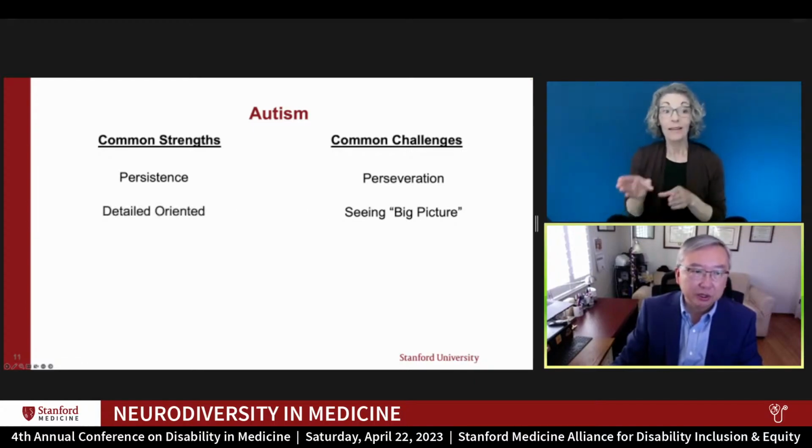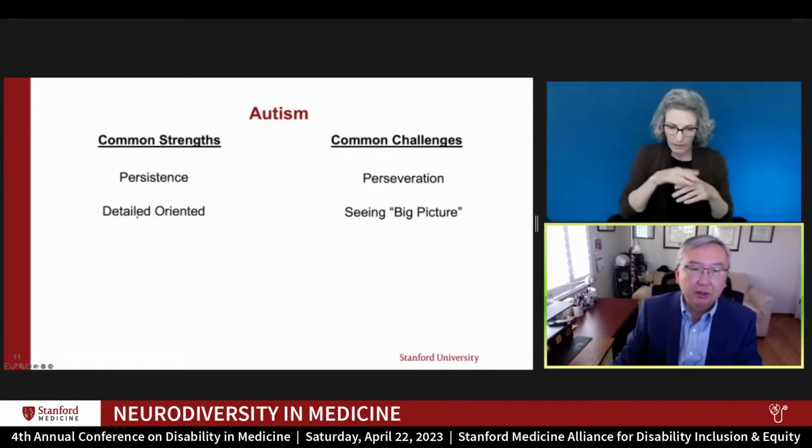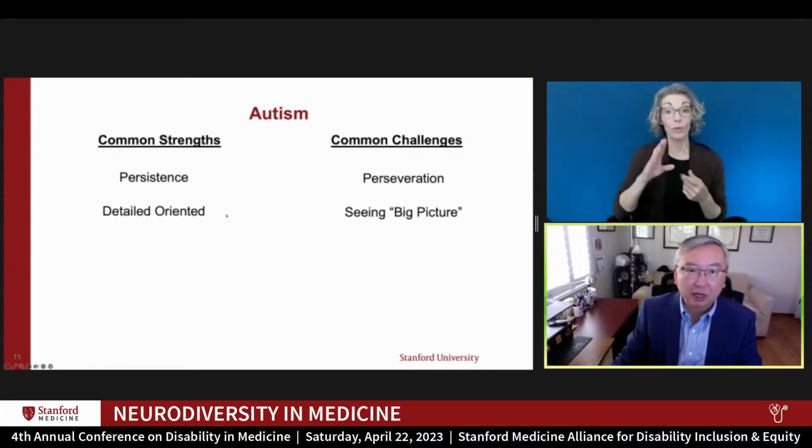They tend to be drawn to details. If you are wanting someone to be solving a problem that requires details, then you may actually want a person that has this profile. So the autistic characteristic of being very detail-oriented will become a strength.